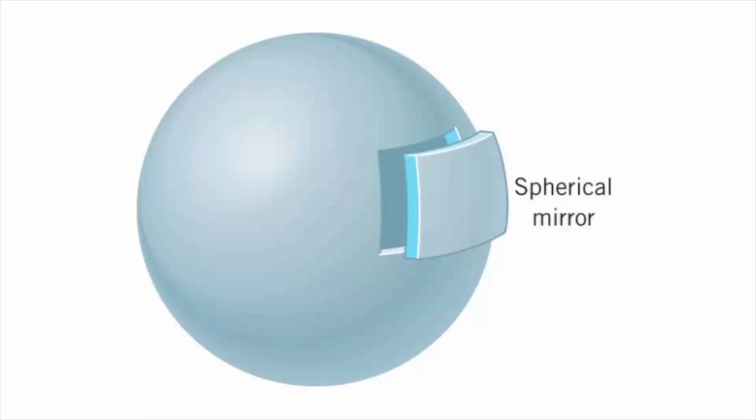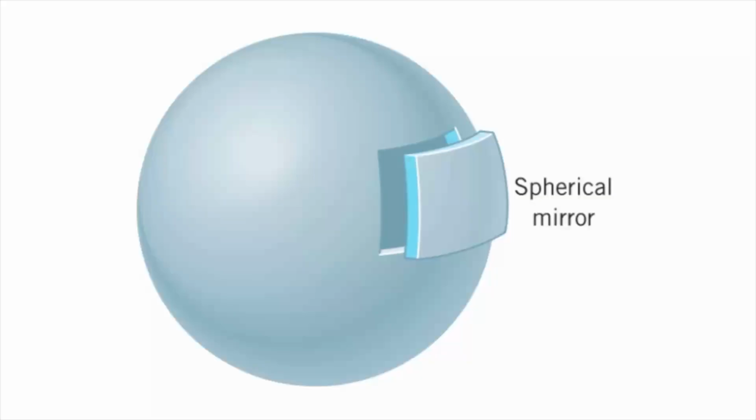So what we will do in Physics 2B is spherical mirrors. You don't make a big sphere and then cut mirrors out of it, but in theory, that's what's happened.